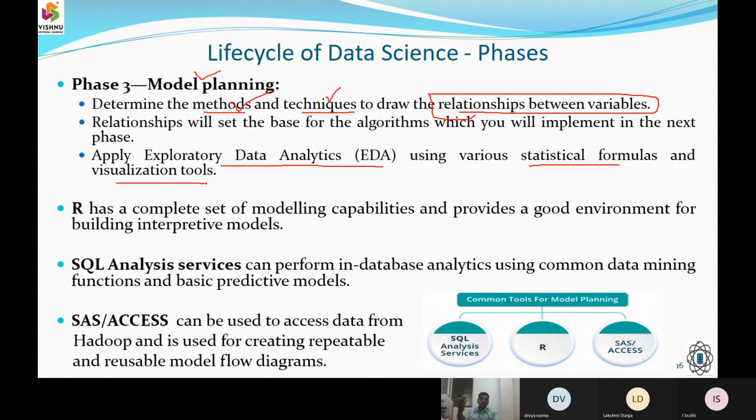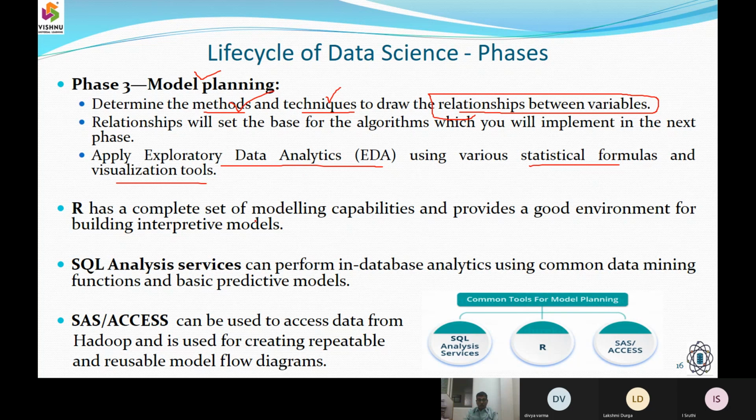We put a scatter plot, a bar plot, and understand how the data is spread. We will even use a box plot and understand the first quartile, second quartile, Q3, min, mode, median. Everything in the data is understood before we do model planning.